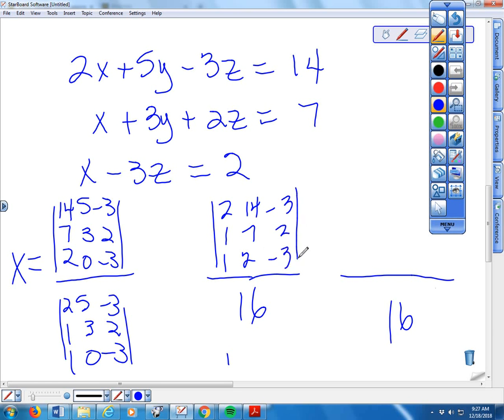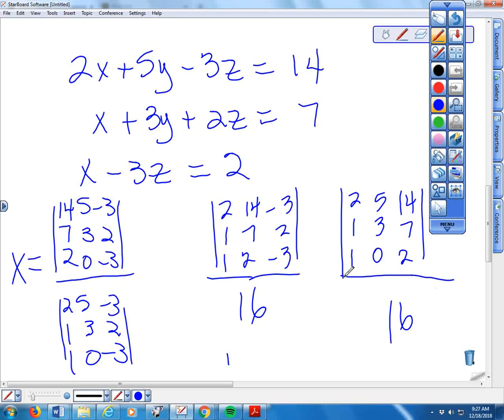And then for the z, the first two columns are the same, and then the last column. Right? And then you just plug each of these in the calculator and take the determinant, divide by 16, and you have your x, y, and z values.